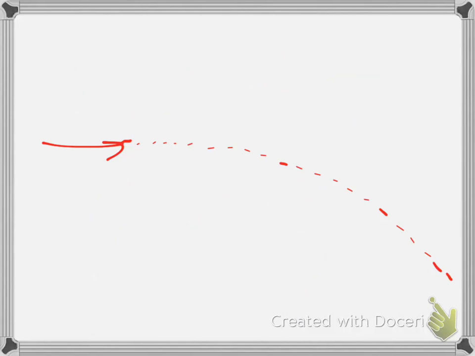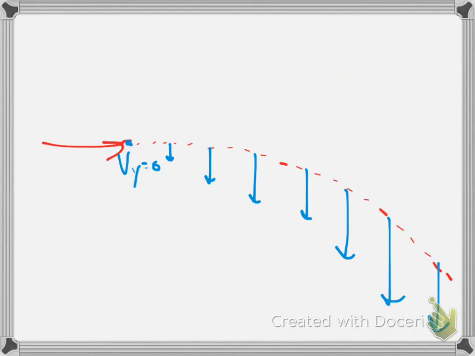Well, we know that gravity is affecting it, and so we have something to do with that acceleration due to gravity. So if we think about all the velocity being in the horizontal direction, that means the initial velocity in the y is 0. All that velocity is in the x direction. But as soon as I let go of it, that velocity gets more and more in the y direction. Okay, why does that happen? Because of the acceleration that we already know, that little g.